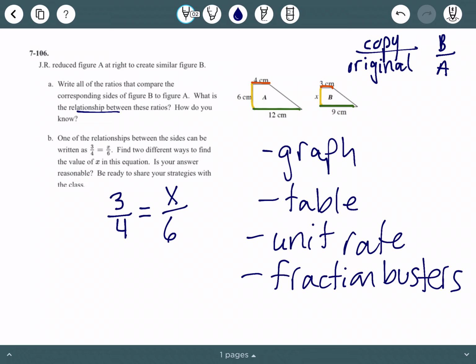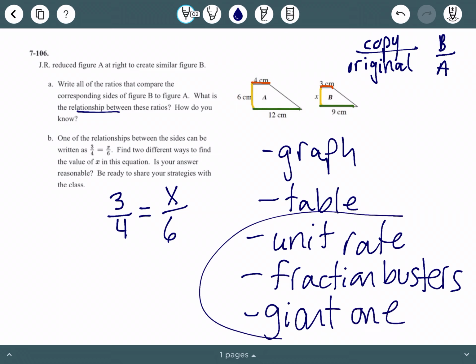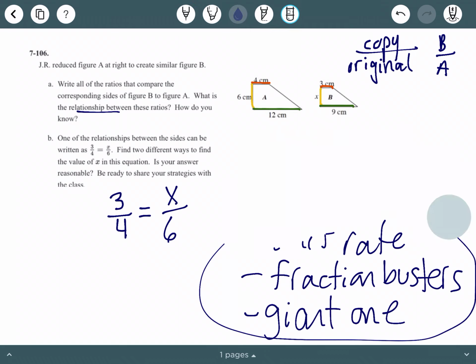We could also find a giant 1. Now, I do think that the last 3 methods are going to be a little more efficient, meaning they're going to be a little quicker than making a graph or a table, but you could absolutely do those as well if you wanted to.